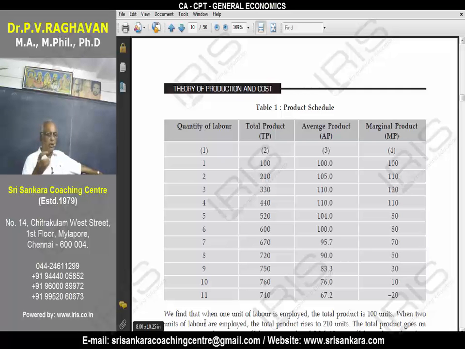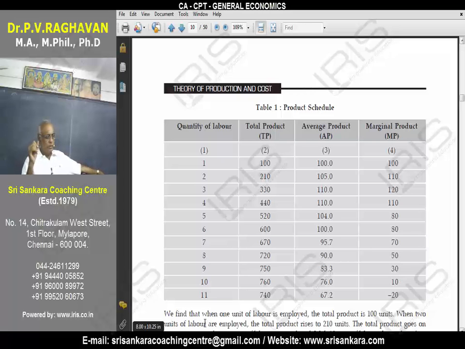See, it is common sense. Whenever production is increasing, total product will increase. We are always worried about the rate of increase, that is determined only by marginal product. So bracket 1, 2, 3 in the book. What is the law? Law of IR operates.